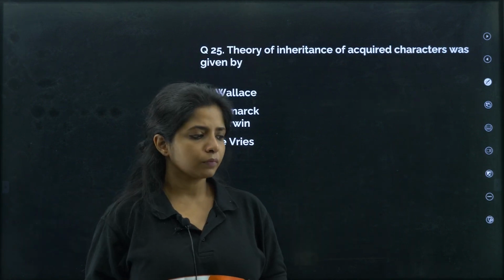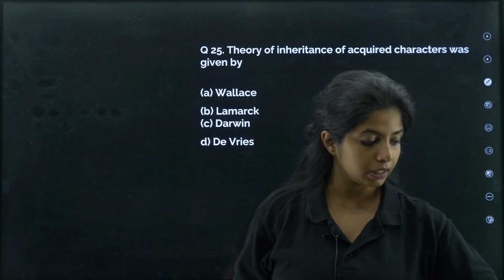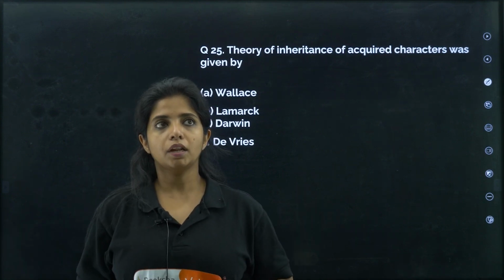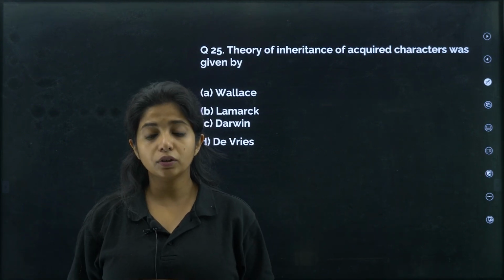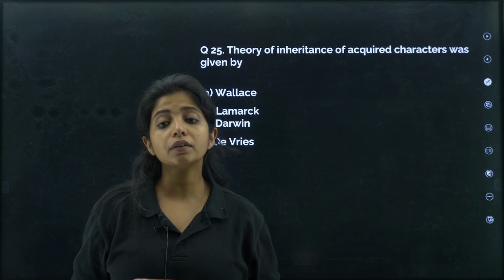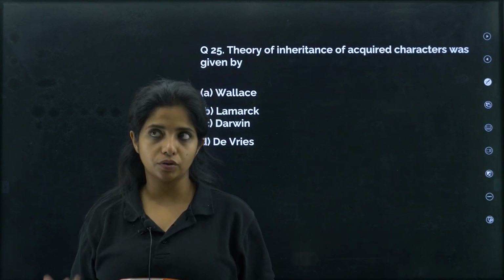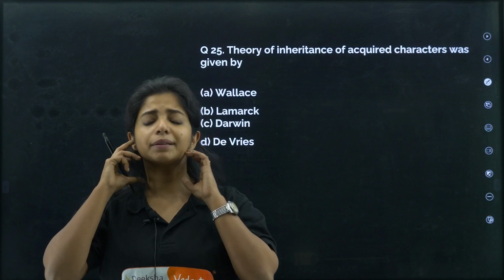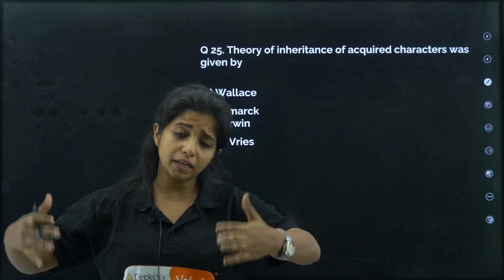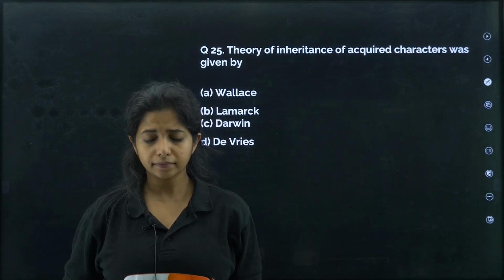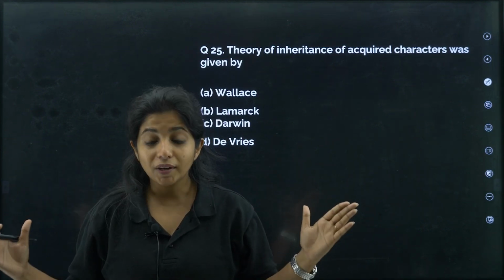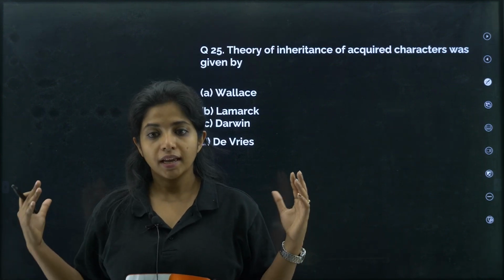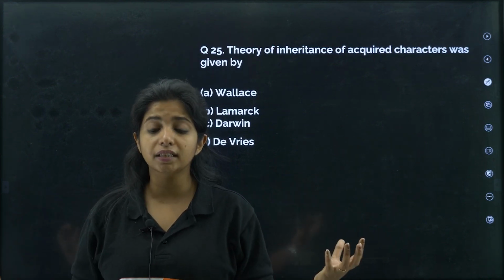For example, that was given by Lamarck, and this is also known as Lamarckism, where basically he said the giraffe was there and the small giraffes were there with smaller necks, and they were kind of extending their necks like this because the food was out of reach. And he said because they did like that, this is an acquired character, some of them had tall neck and it moved on in the next generation. But this is not the case. You cannot acquire things. You cannot inherit things that you have acquired.